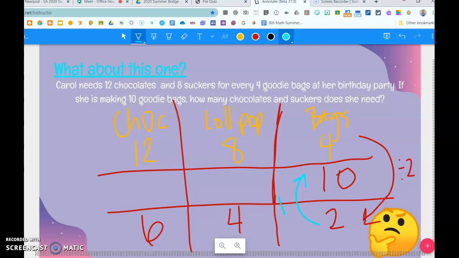Yeah, if I multiply it by 5, that would get me up to 10 goodie bags really easily. So I'm going to do that same thing to the other 2. We're going to multiply them by 5. So that gives me 20 lollipops and 30 chocolates.